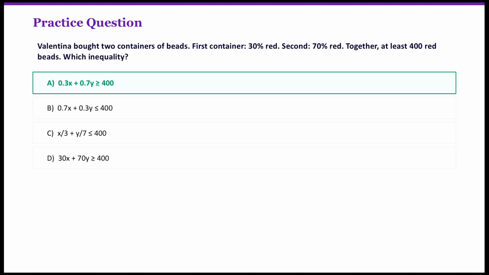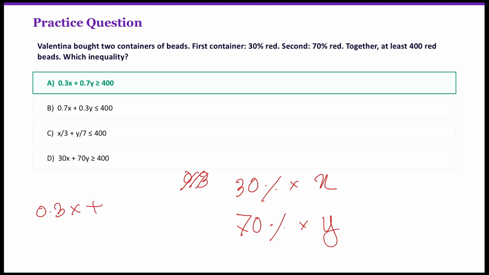So we know 30% times the total number of beads in the first one, and then 70% times the total number of beads in the second one, combined there were at least 400. So we just add them up and we say 0.3x plus 0.7y must be greater than or equal to 400. At least would mean greater than or equal to.